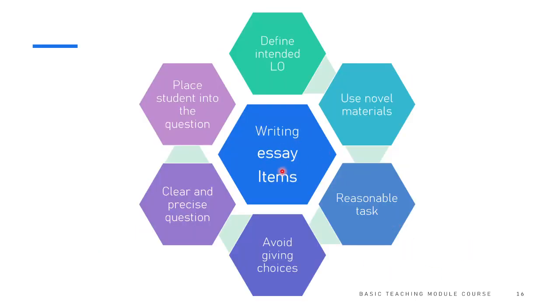Now, in writing essay items, you should define the intended LO. Again, this is to maintain validity. You can refer to the TOS for this. And use novel materials. Novel here basically means different from the exercises that have been done in class, in instruction.